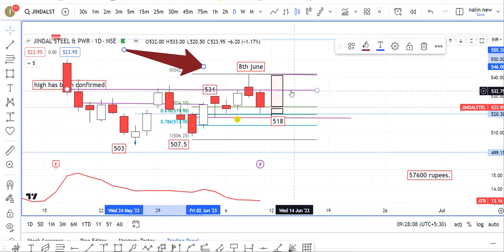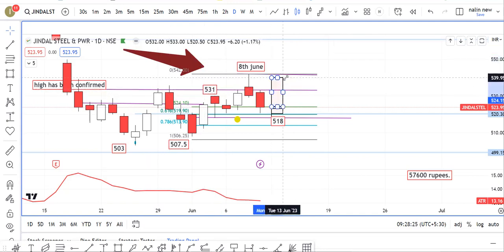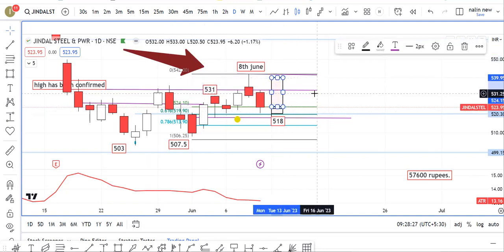See, till this time after the breakout, there is no close; a bullish green candle with a solid closing should be there.